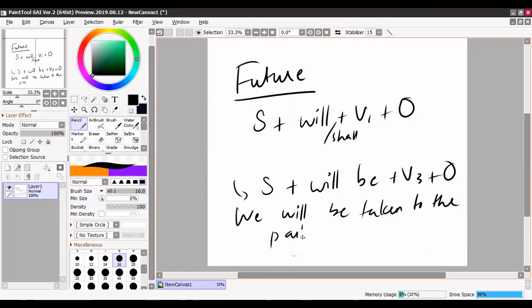There's another formula. In simple future we also use be going to.